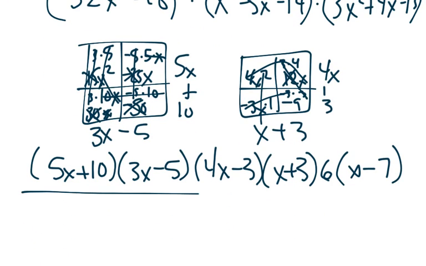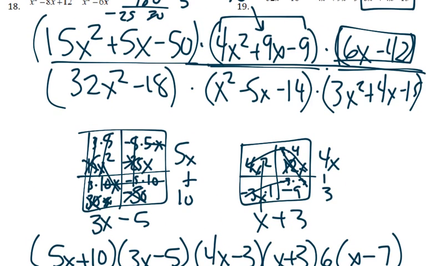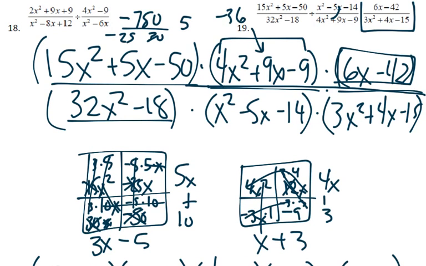Okay, so there's the top. Now we've got to do the bottom. This one, we can pull out a 6 or a 9. Not a 6, not a 9. What can we pull out of that one? 32x squared minus 18.